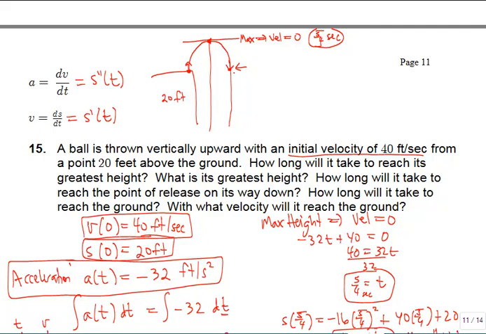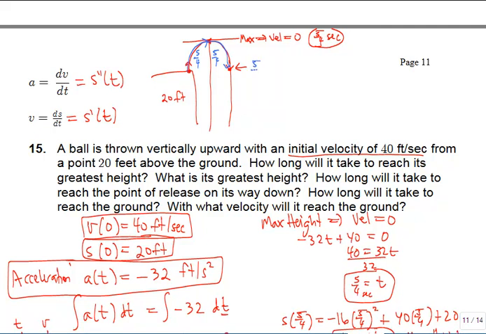Now there's several ways to do this, but the easiest way, I think, is just to use some symmetry. You know that this is a nice parabolic function, a nice quadratic function. We know that it takes us 5/4, or 1 1/4 seconds, to reach that max. So it's got to take us another 5/4 seconds to reach the symmetric point on the other side.